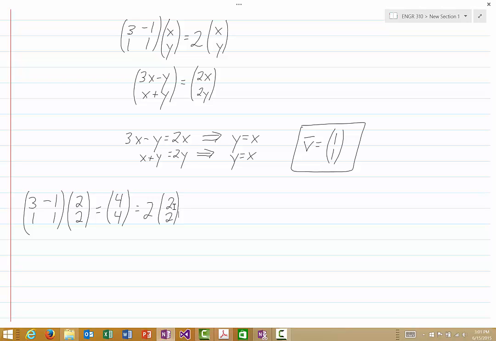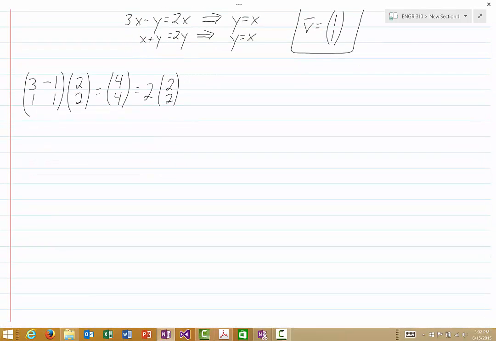And sometimes when you have a repeated eigenvalue, you can still have a complete set of eigenvectors. In fact, the only time you can have an incomplete set of eigenvectors, like we have here, is when you have a repeated eigenvalue. But that doesn't necessarily mean that it's incomplete. In fact, let's see that.